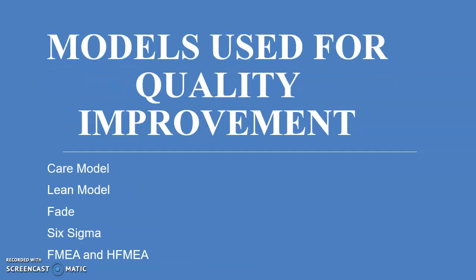So some models used for quality improvement. There's care models. It provides highest quality disease prevention and management. There's lean models. This kind of maps the patient flow, the cost, and time effectiveness. FADE, which stands for Focus, Analyze, Develop, and Execute. Action plans, the evaluation, the measurement, and monitor a system to ensure success.